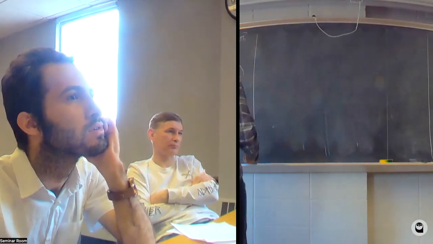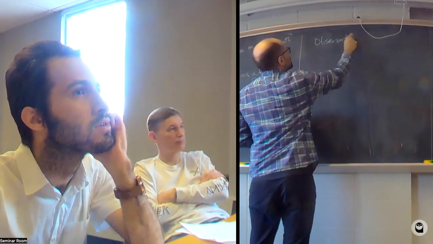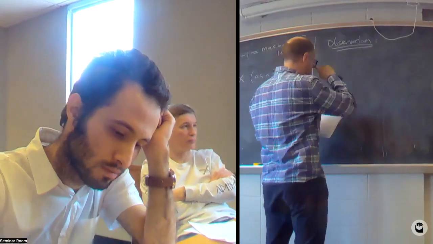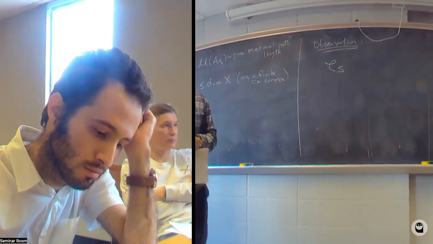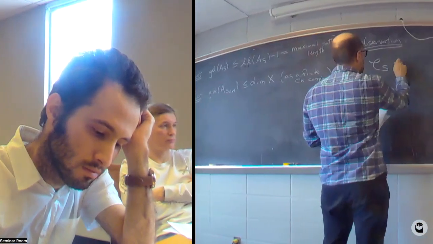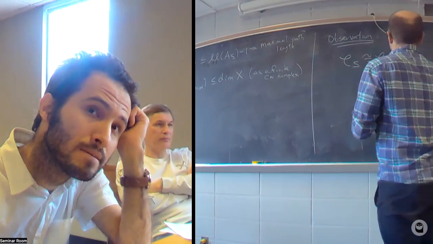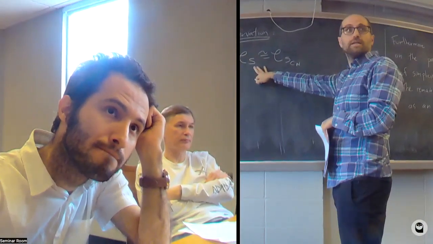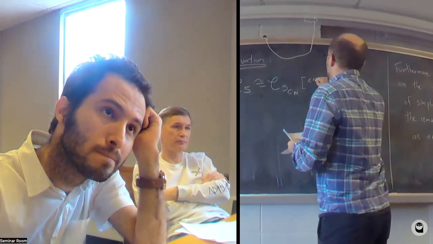So it's actually just an observation. If I take the entrance path algebra on CS, it's actually equal to the localization of this at entrance paths, because I defined it as a coarsening.